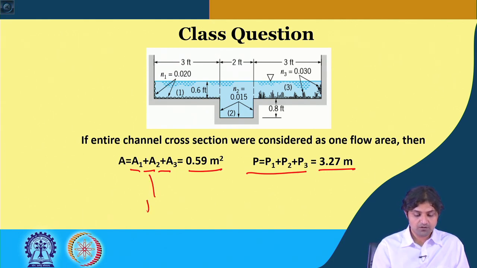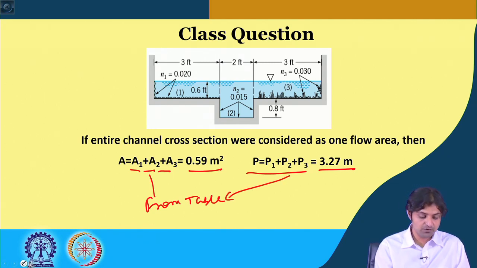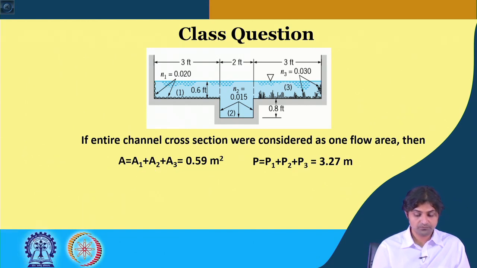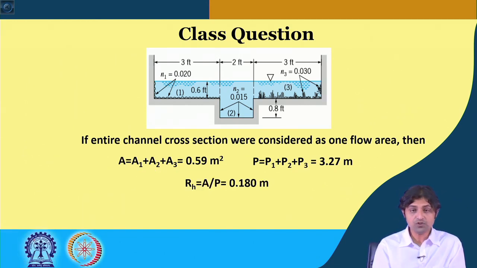You add these values from the table that we have written. All right. So, effective hydraulic radius is A by P, and it comes out to be 0.180 meter. Okay.